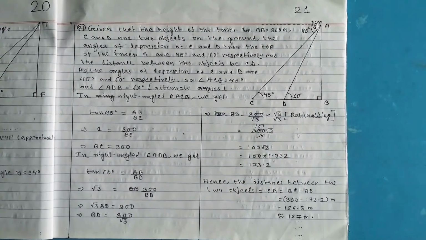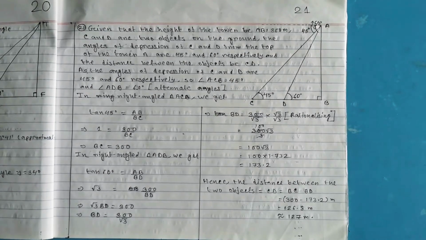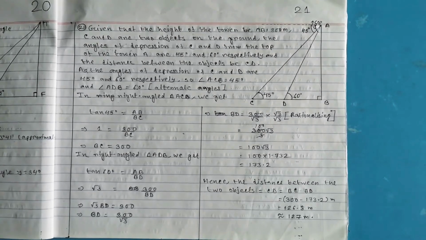Okay, in question number 21, read the question very carefully. It is given that in the adjoining figure, not drawn to scale, the scale is not maintained here, only it is drawn. Okay. So try to understand. AB is a tower and two objects C and D are located on the ground.